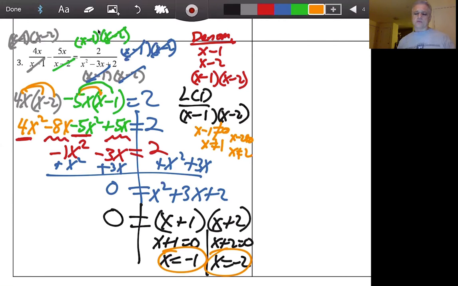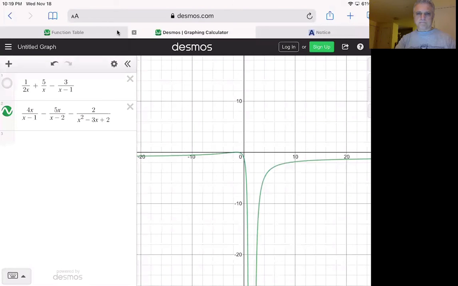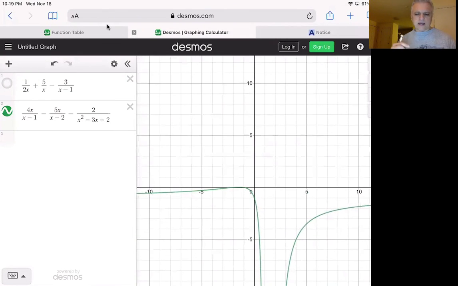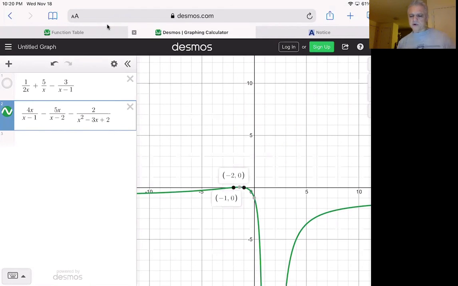Okay, so with that in mind, let's look at Desmos and see if we can graph it. Okay, so here is our graph. Again, I set my equation equal to 0 by subtracting the 2 over x squared minus 3x plus 2. And it does look like I've got myself a couple of zeros right there.